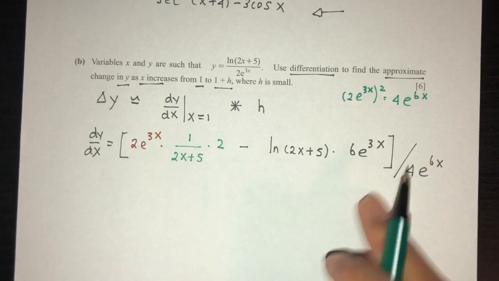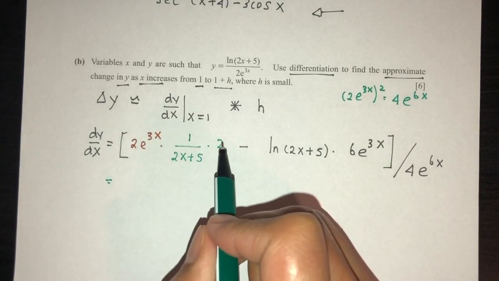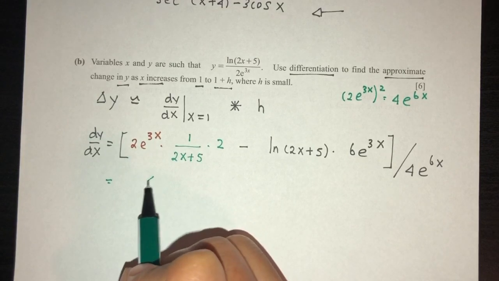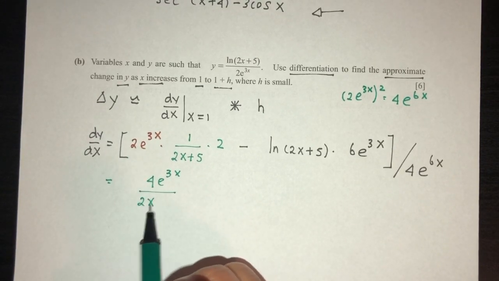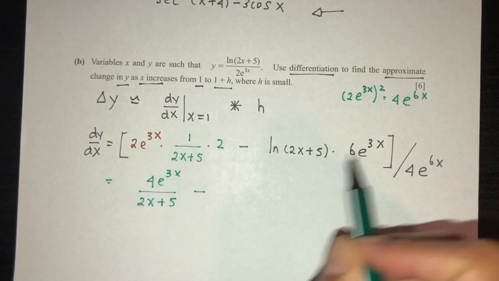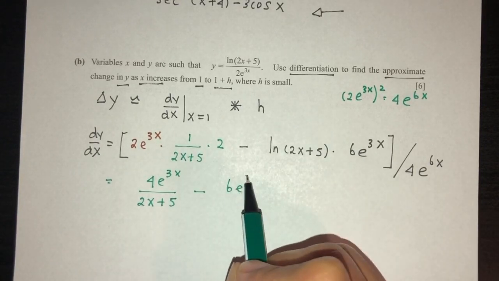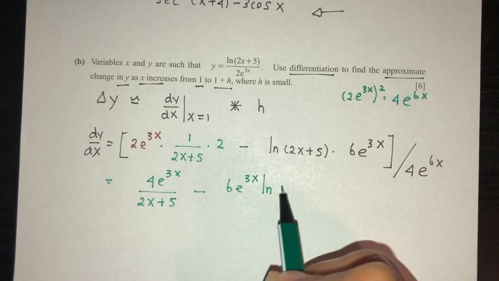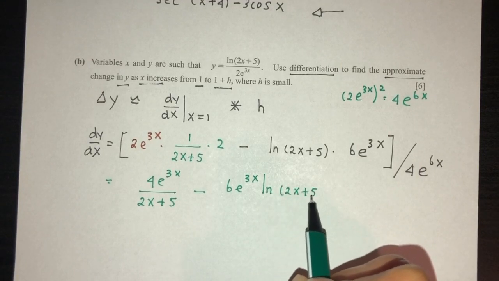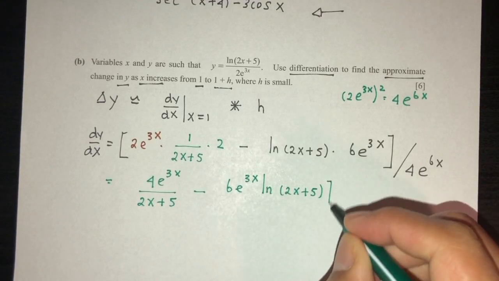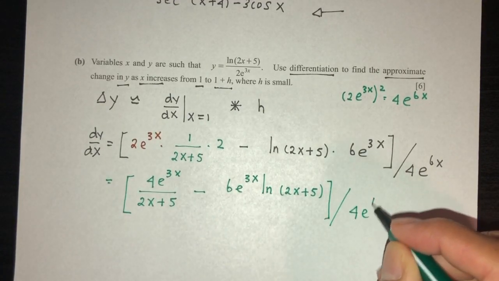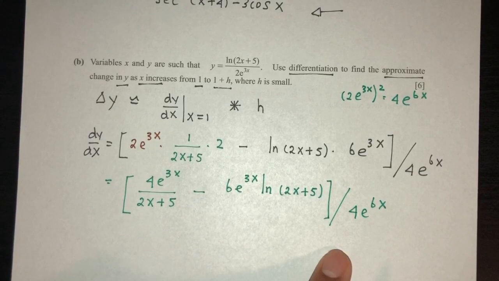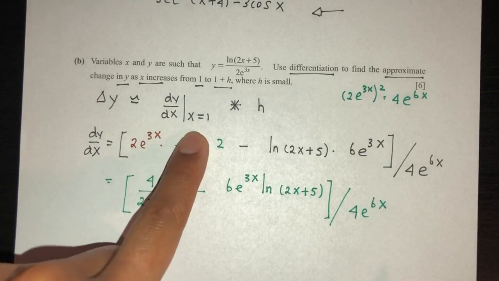Now we have to simplify this. Let's see what we have. So here we have 2 times 2 is 4 exponential 3x over 2x plus 5, minus 6 exponential power 3x ln(2x plus 5), everything divided by 4 exponential 6x. So now we have to find dy by dx at the value of x equal to 1.